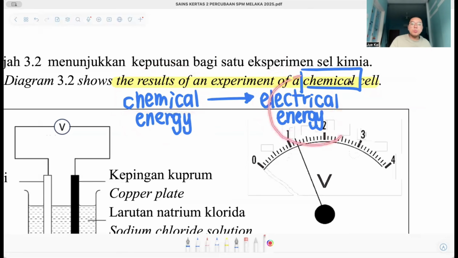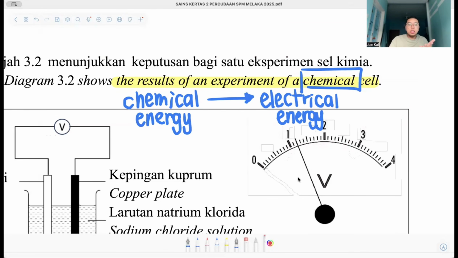So, if I want to produce electrical energy, do I need battery in this part? Do I need battery, my dear? Yes or no? I want to produce electrical energy. Battery already got electric energy. No, it doesn't need.